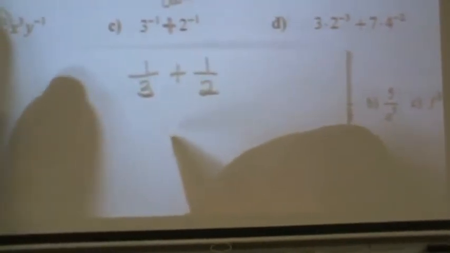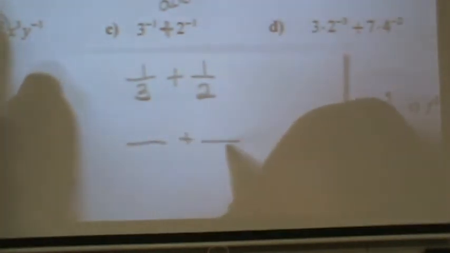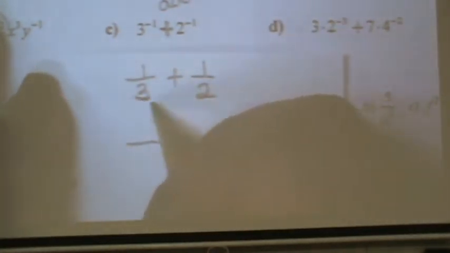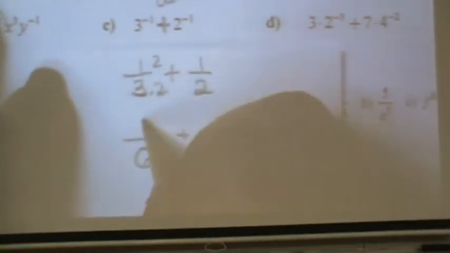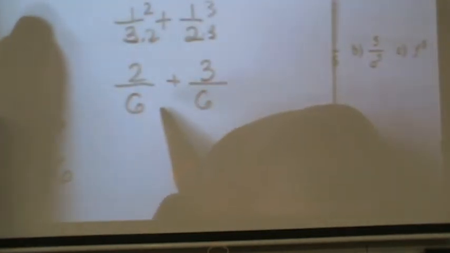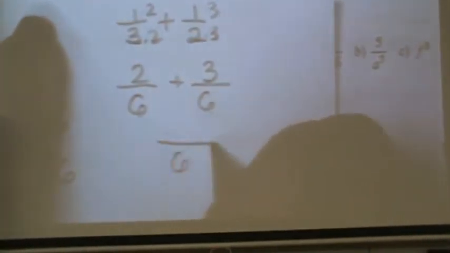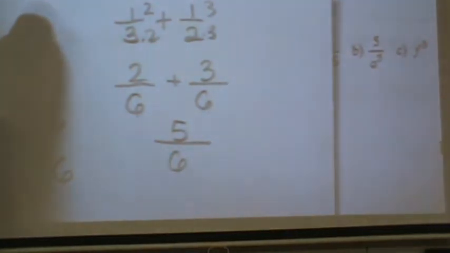And this would be 1/2. Now, how do you add fractions? You gotta get a common denominator. What's your common denominator between 3 and 2? 6. So you're gonna multiply this by 2, this by 2, this by 3, this by 3. And now what's the rule for adding fractions? As long as the denominator is the same, you leave it, and then you add the numerator. So 5/6. The answer to this C is 5/6.